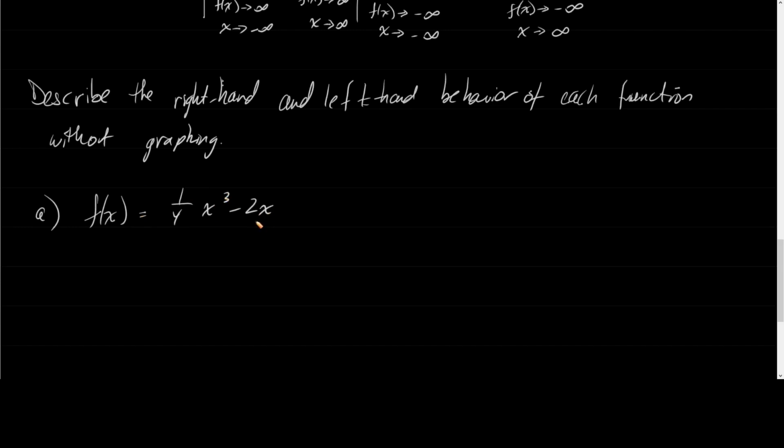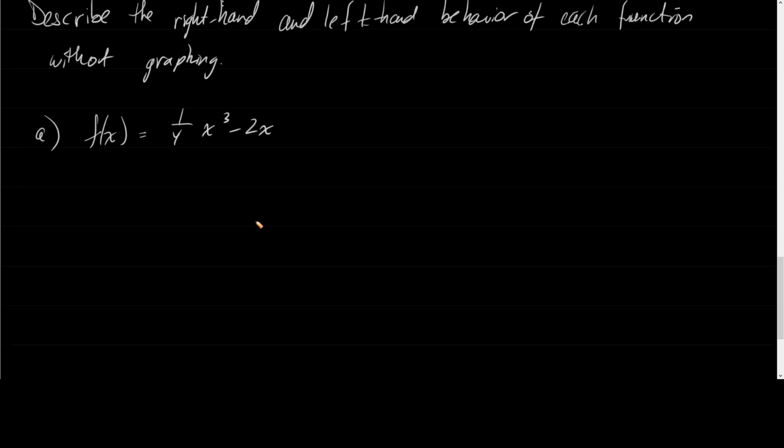Now what we're going to be doing here is applying the leading coefficient test. For the leading coefficient test, what do we need? We need to figure out what the leading coefficient is. The leading coefficient is 1/4. Even though it's quite small, it is still greater than 0. In other words, it's a positive leading coefficient.